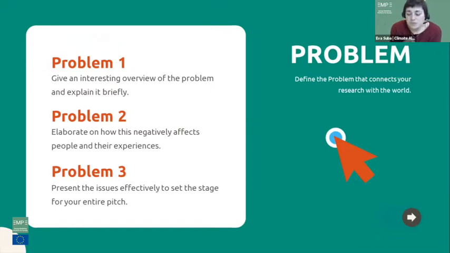So you will need to be able to present the problem in just one sentence, but how would that problem become something that grabs the attention? That problem needs to connect to the real world. Especially in the case of research, you are very much into your research.